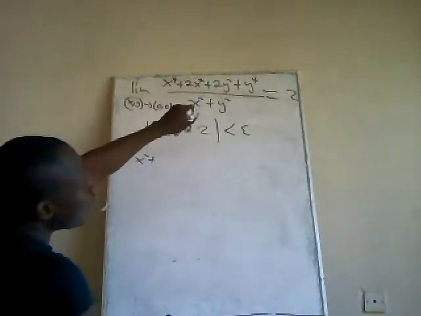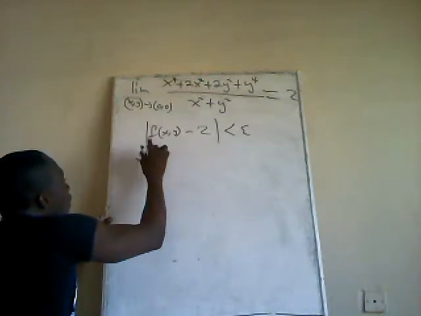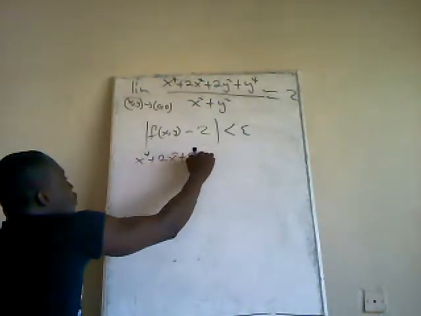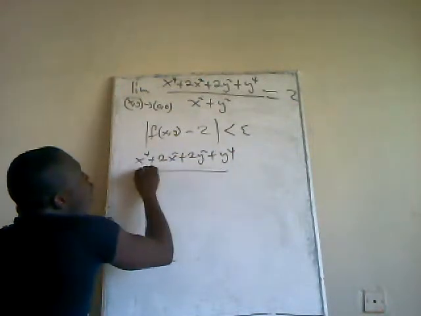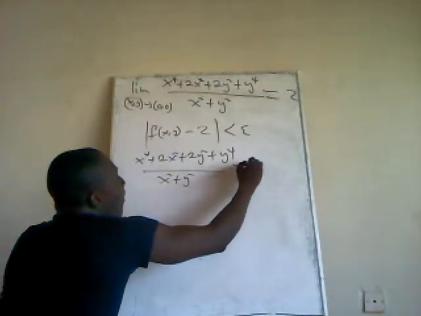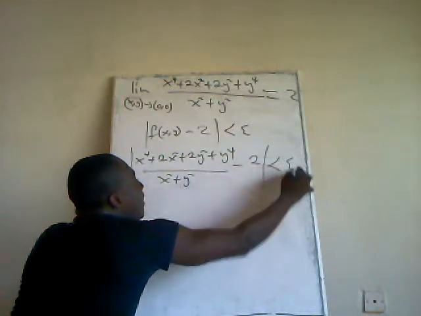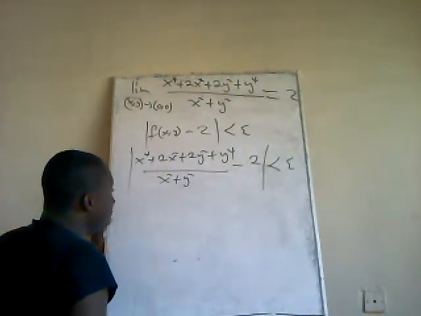Here L is what we are claiming our limit is, right? So the absolute value of x^4 plus 2x^2 plus 2y^2 plus y^4, all over x^2 plus y^2, minus 2, should be less than epsilon.